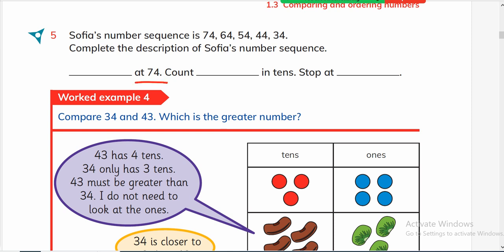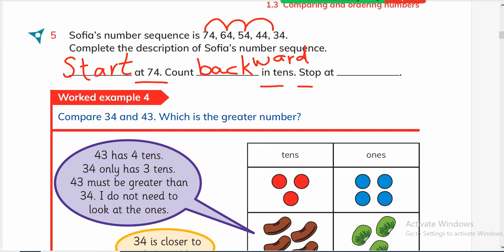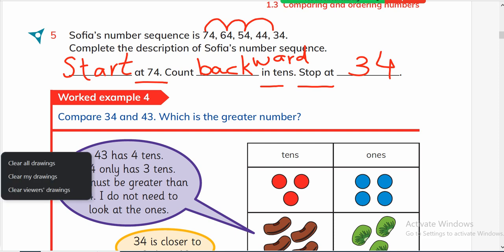Start at 74, count backward, because these numbers are going backward. Count backward in tens. Stop at 34.